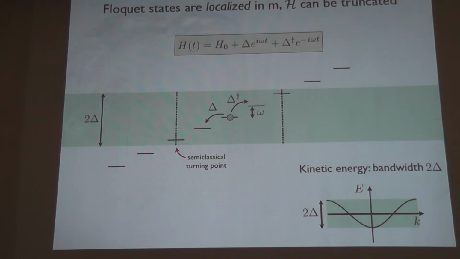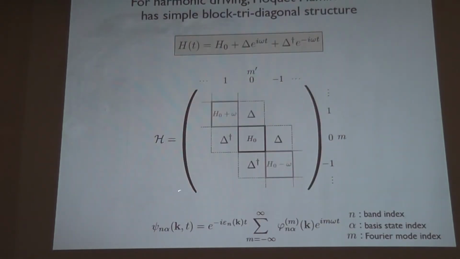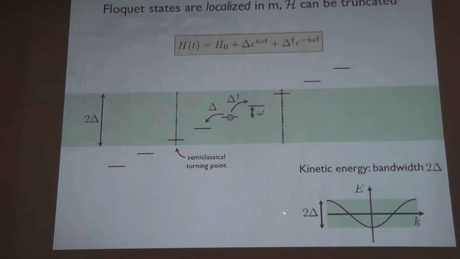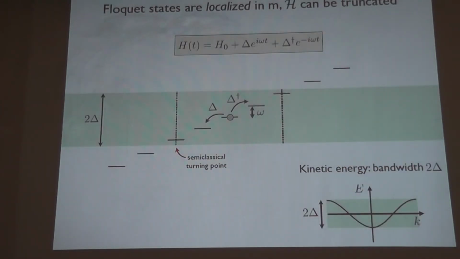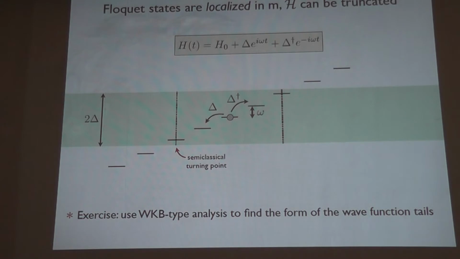And that's what allows me to truncate this matrix. If I just need to find solutions centered around here, I go out far enough, past these turning points, and then just chop off the matrix, I won't really mess up my answer very much. And so that's why, from a practical point of view, this Floquet business is quite useful for calculating things.